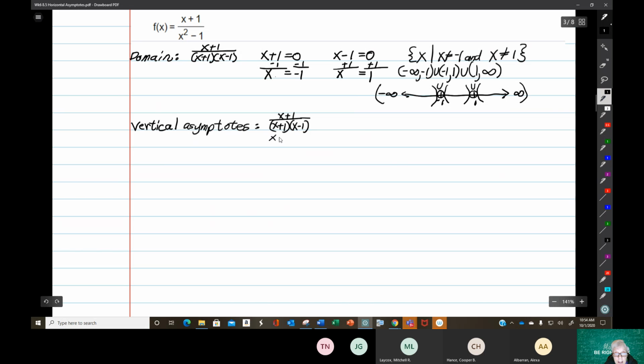So this gave me x cannot be equal to -1. It's going to go bye-bye. X plus 1 goes into x plus 1 one time. That's how you're going to get a 1 on top. This is what you're going to be left with.